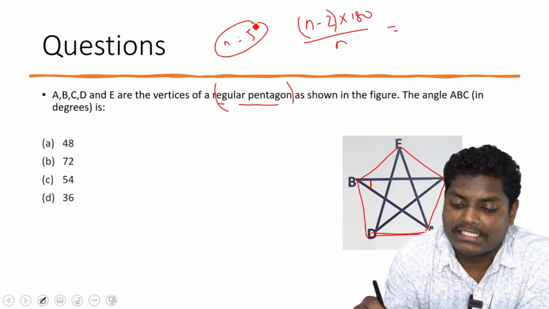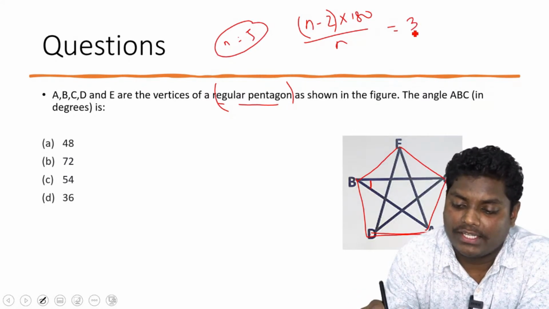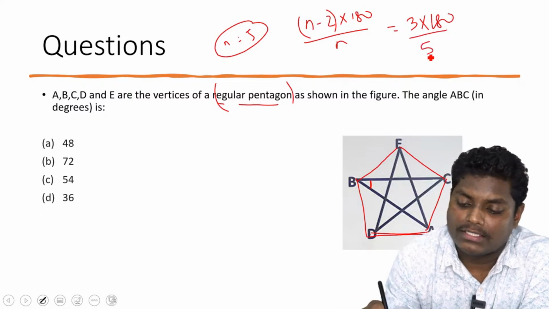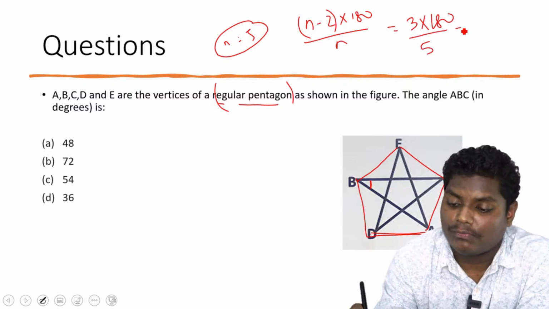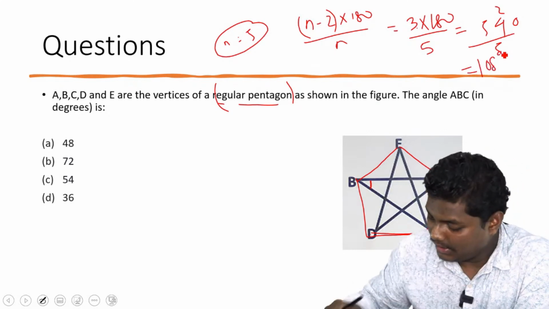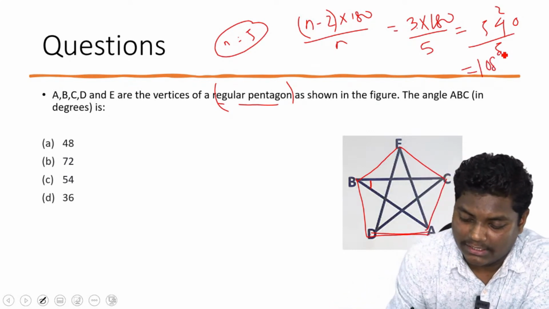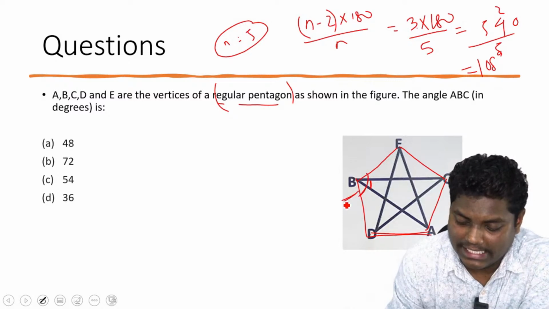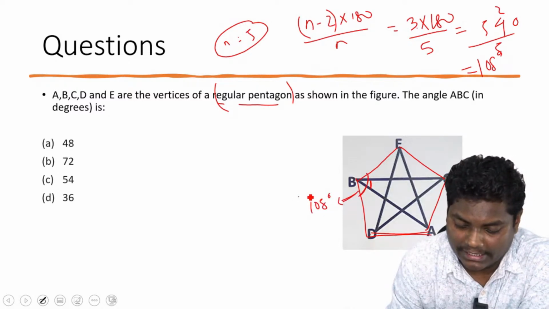So 5 minus 2 will be 3. 3 into 180 upon 5. 3 into 180 is 540, upon 5. So basically each angle will be 108 degrees.